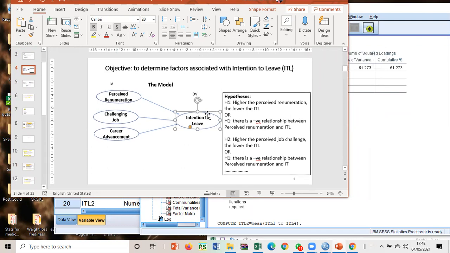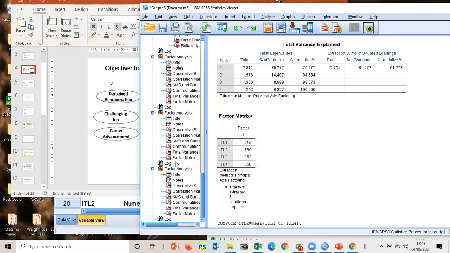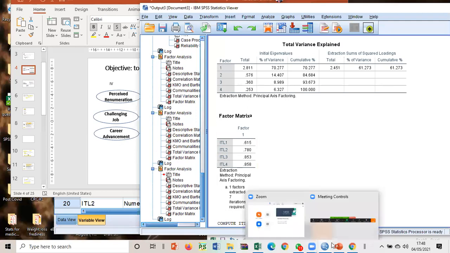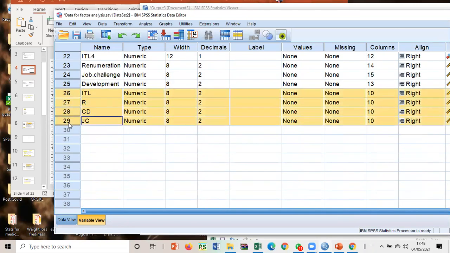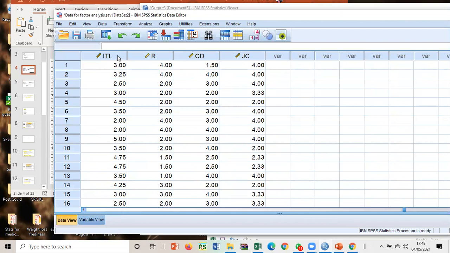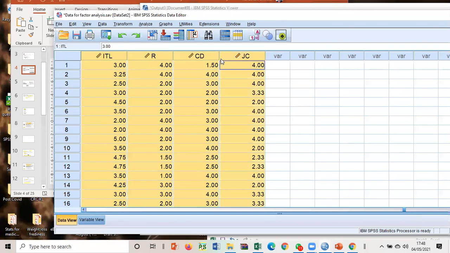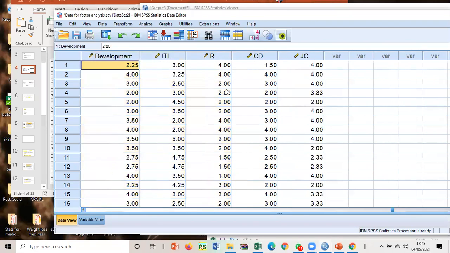Now, we have our scores for all these already, right? As if all these are boxes. So look at my data, the last columns. These are the scores for ITL, R, CD, and JC. These are like measured variables.